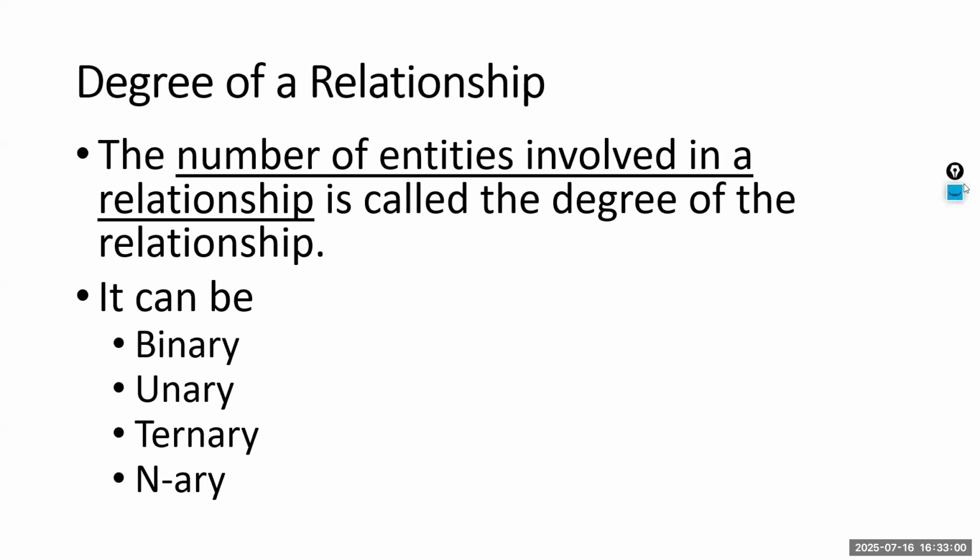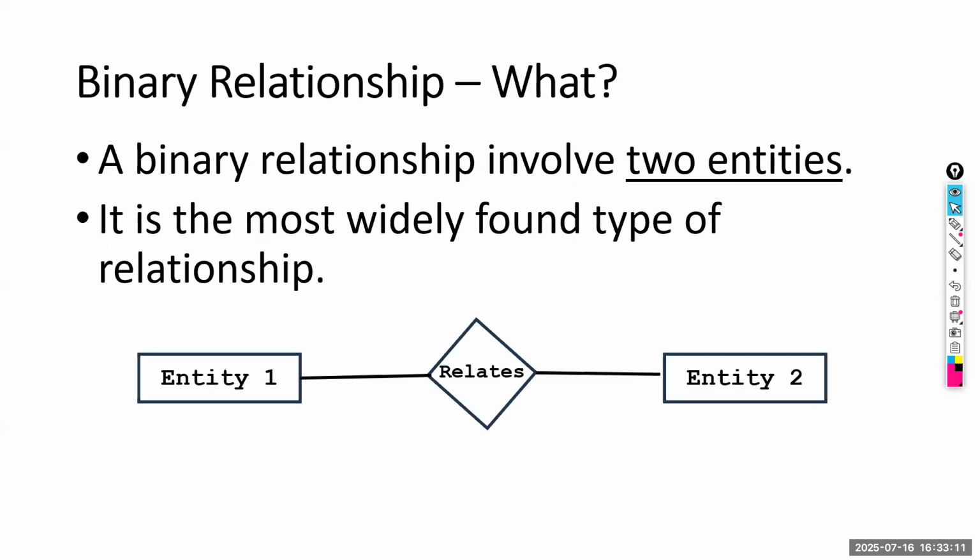Binary means the relationship is between two different things, two different entities: student and course, employee and department. The relationship involves two different types of entities, entity one, entity two.